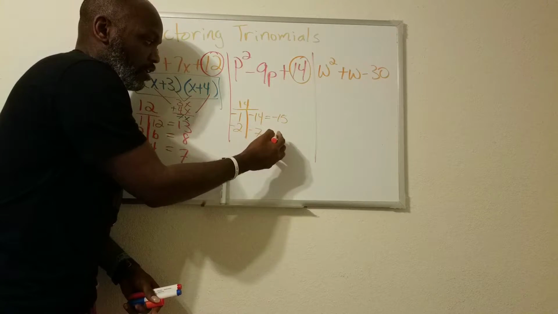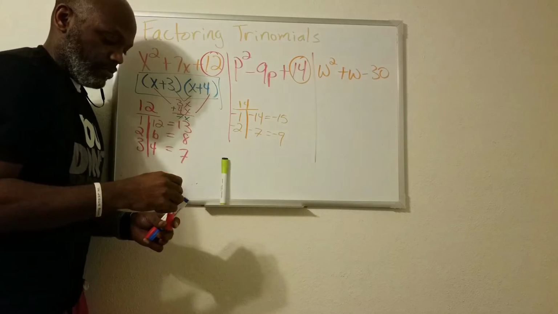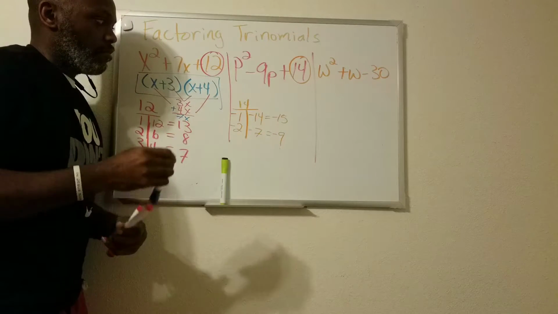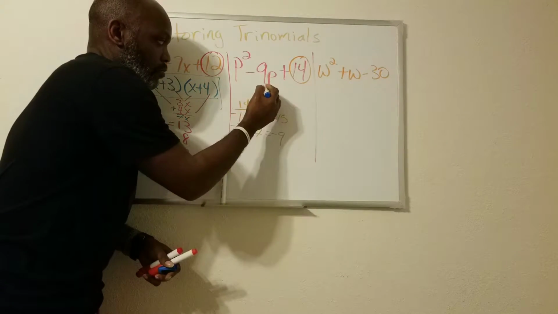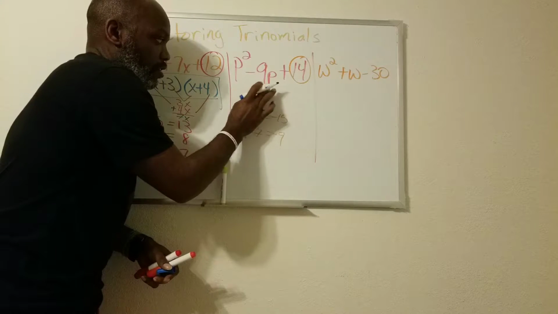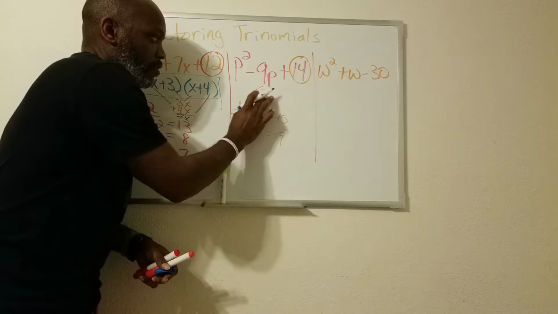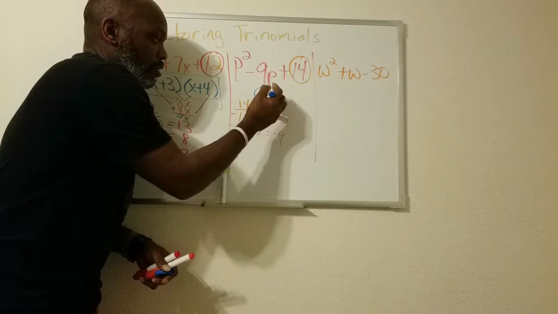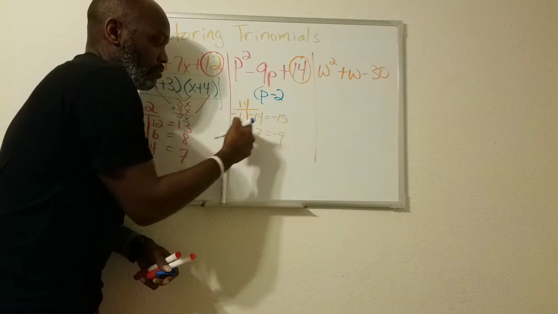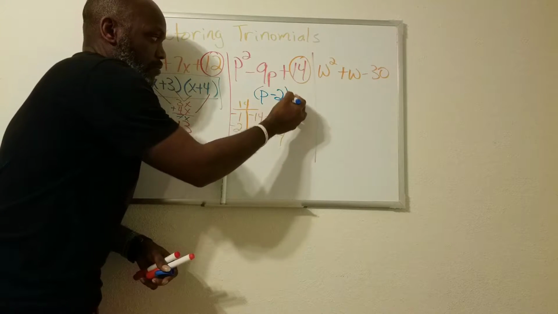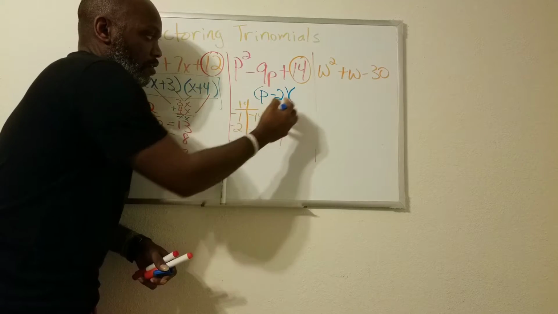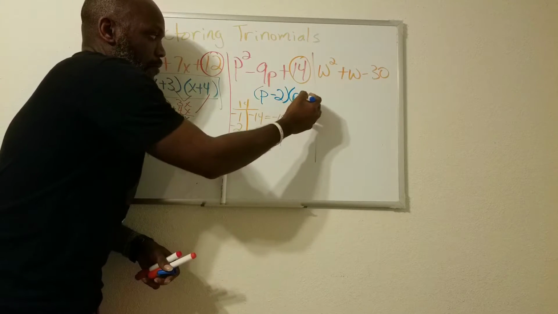Added together, it gives me negative 9. And so I'm going to use, in this case, the letter P, the letter P minus 2, that's where I get my minus 2 from, times the letter P minus 7.